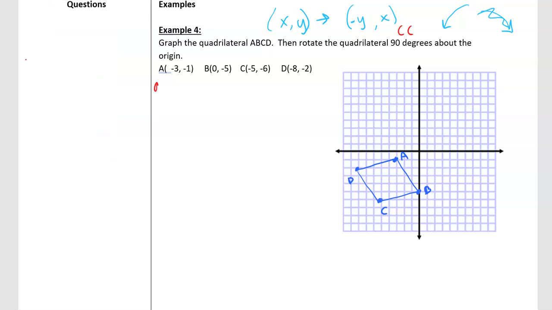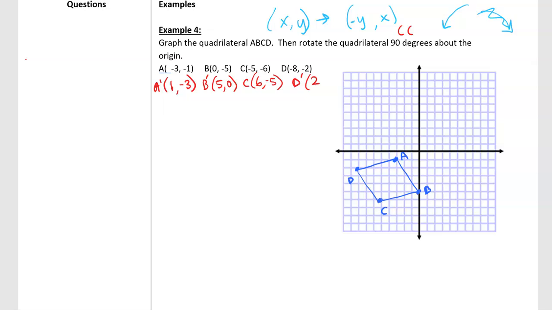So A prime means the X is going to switch to the second number, the Y comes to the first. So I switch the sign on the Y, but the X just switches location. So the Y comes to the front and changes sign. Of course, 0 just stays 0. For C, the Y comes to the front and changes sign, but the X just switches to the second number.